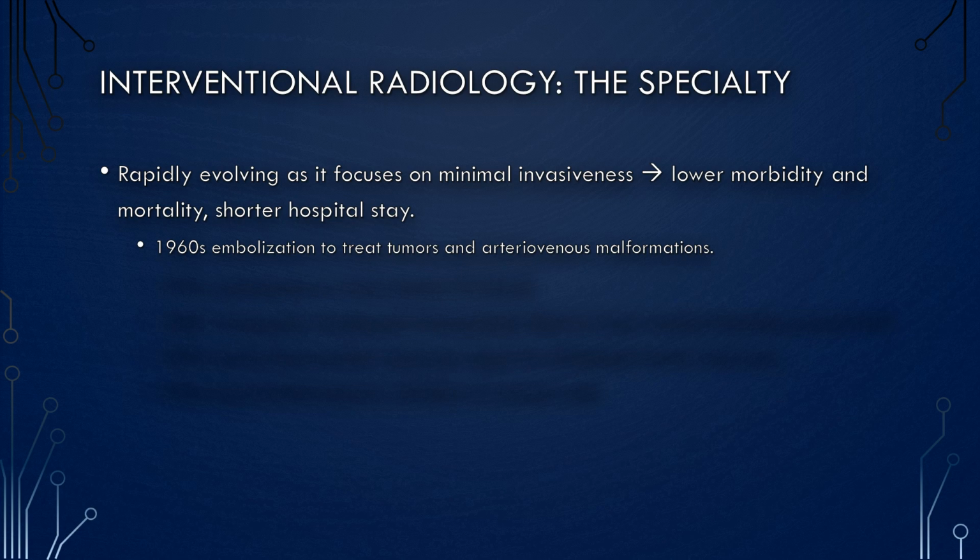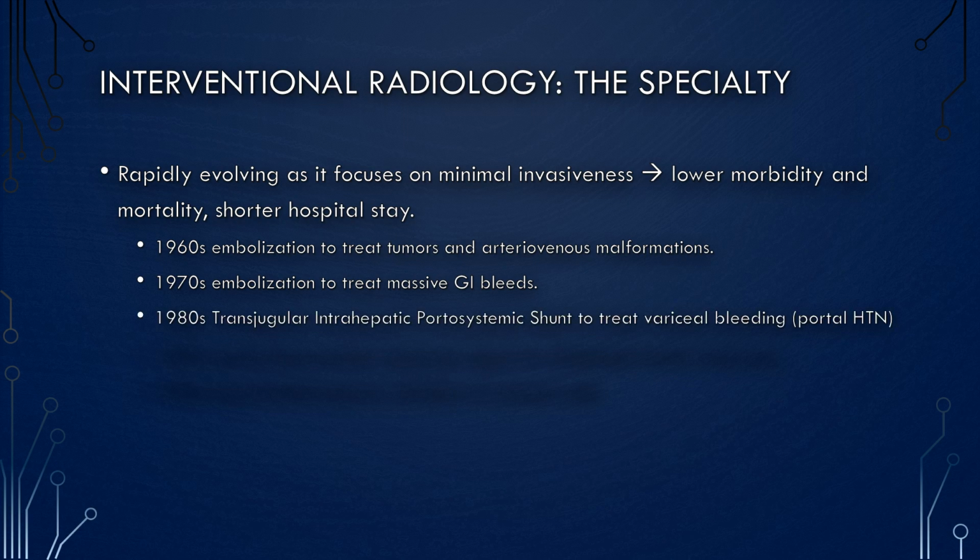So in the 1960s, embolizations were introduced into interventional radiology to treat tumors and arteriovenous malformations. In the 1970s, embolization to treat massive GI bleeds. TIPS, which is a transjugular intrahepatic portosystemic shunt to treat variceal bleeding and refractory ascites, in the 1990s.